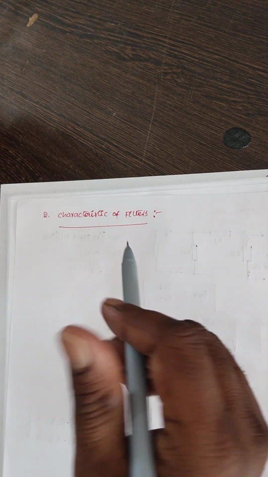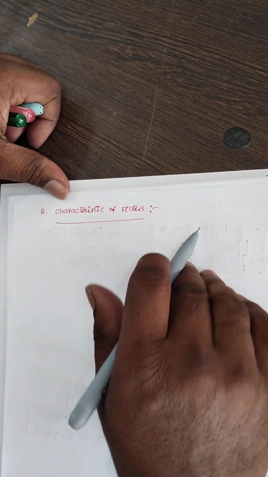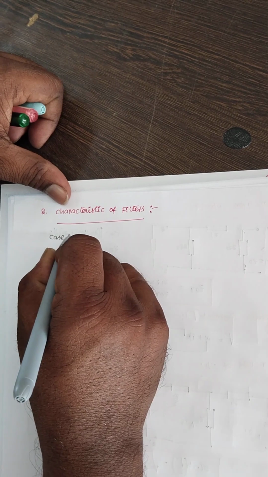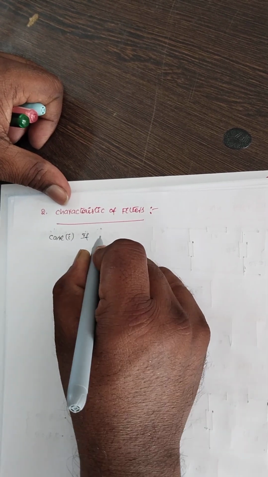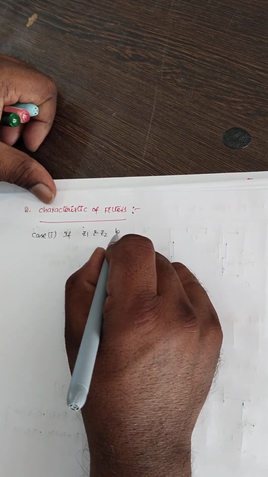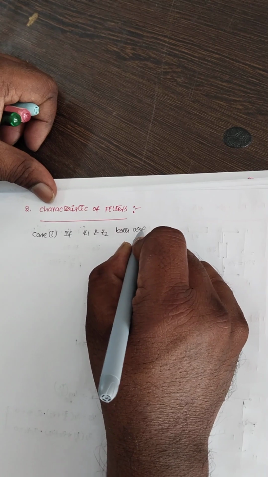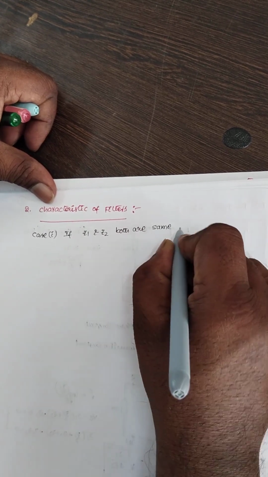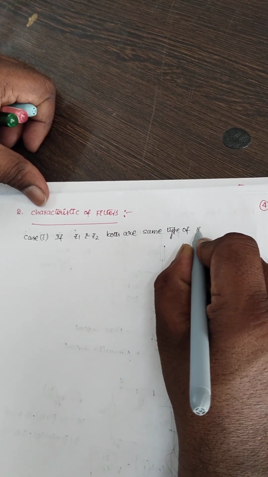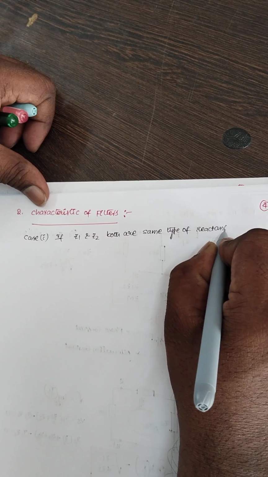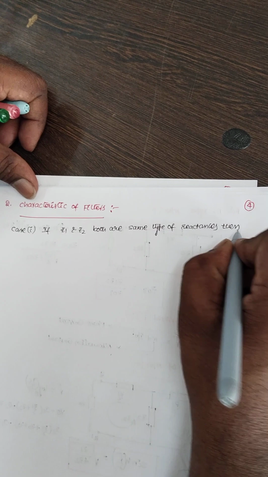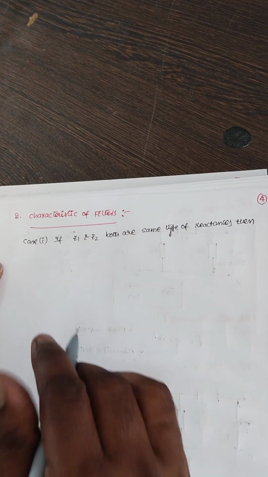In this characteristic of filters, there are two cases. In case one, if Z1 and Z2 are both the same type of reactances, then consider Z1 by 4Z2.